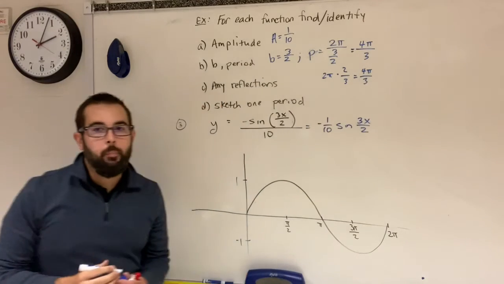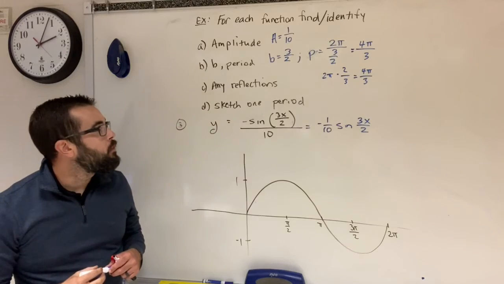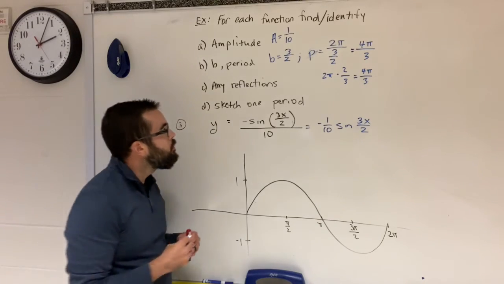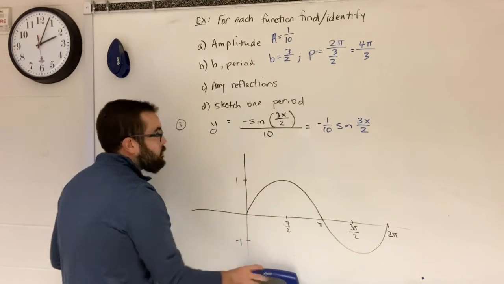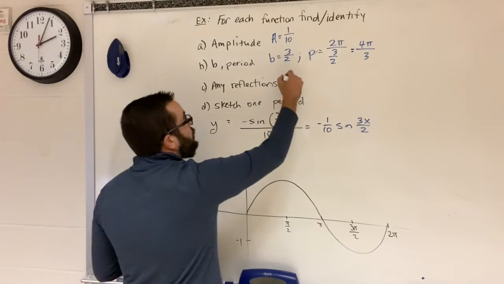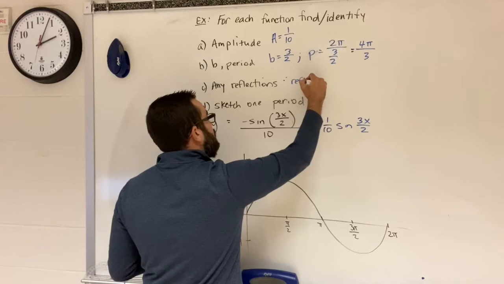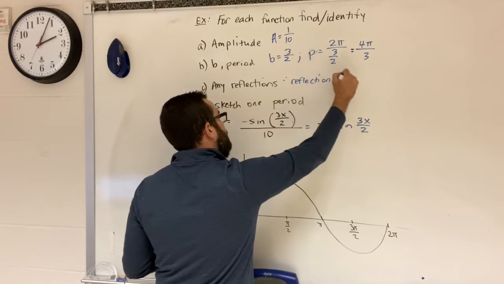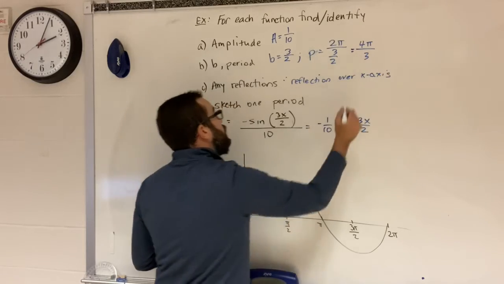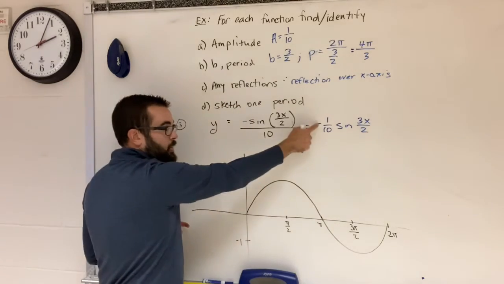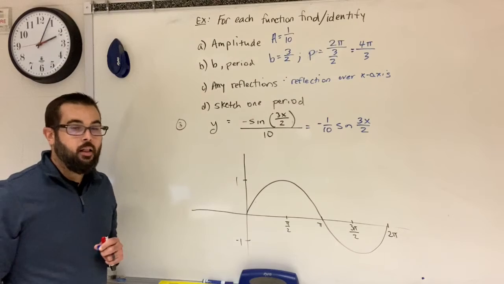The period is 4 pi over 3. This was just a little side work to divide that. Are there any reflections? Yes. There's a reflection over the x-axis again, because of that negative out in front there.